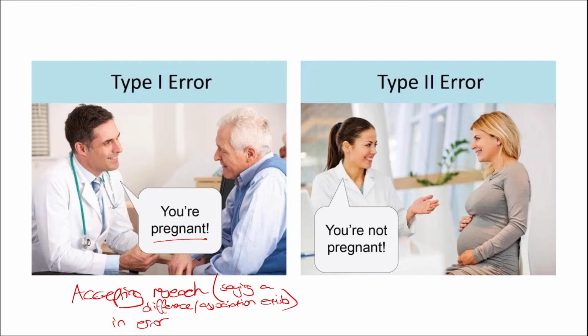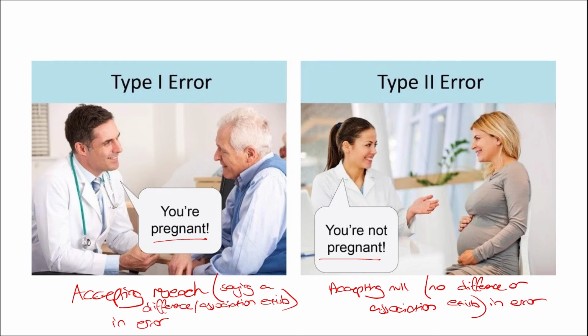And a type 2 error is telling a pregnant woman that she's not pregnant. This is like accepting our null and saying no difference or association exists when there is. She's clearly pregnant and we're saying she's not.